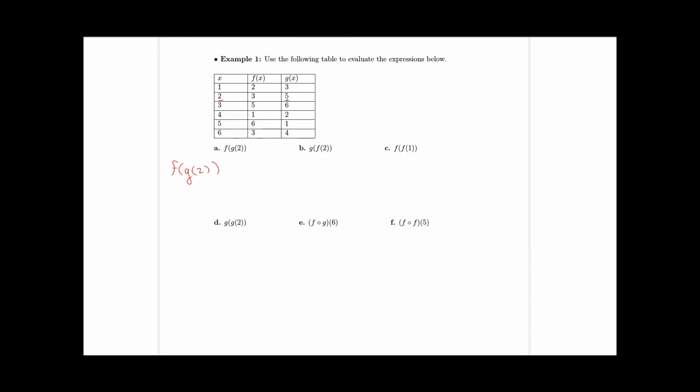Well, we can see here that it turns it into 5. So this becomes f of 5. But what does the function f do to the number 5? It takes the number 5 and turns it into 6. So f of g of 2 is equal to 6.